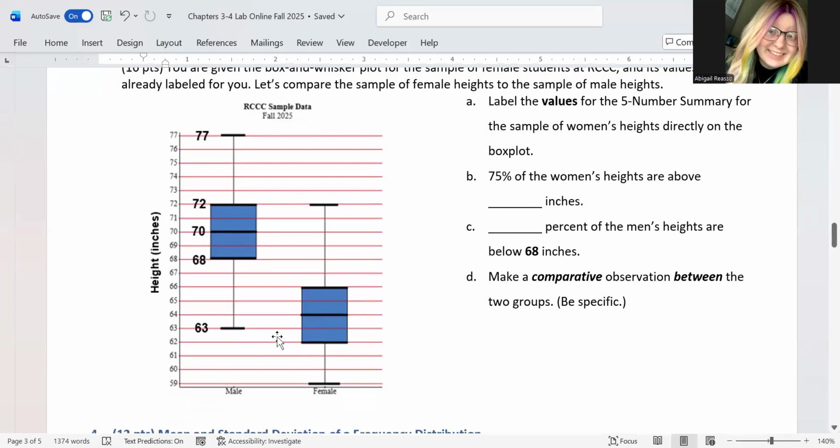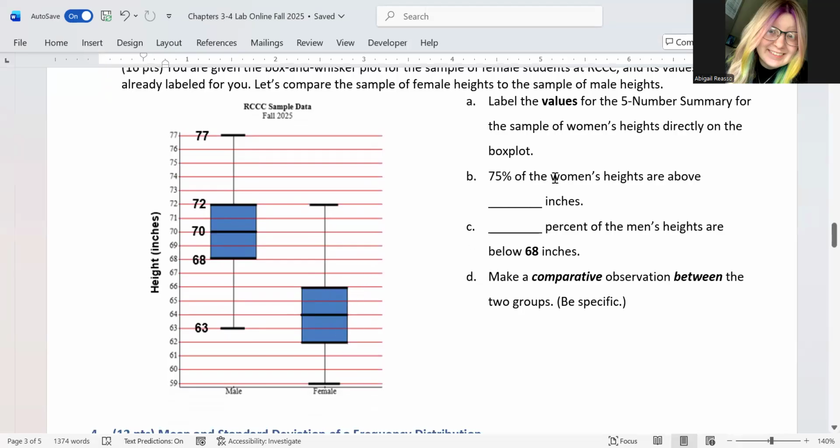You can use the other box plot you have as kind of a guide to help you label them. But we can see here that we need to label the 5-number summary for the females, and you can just label them right beside the whisker endpoints and the box endpoints as well as your median.